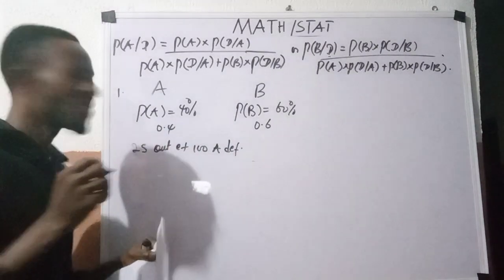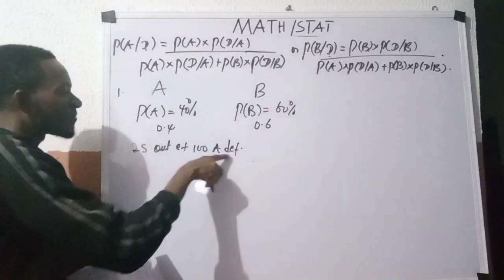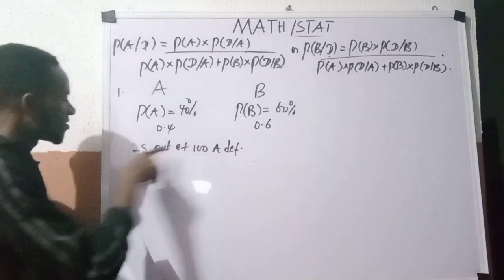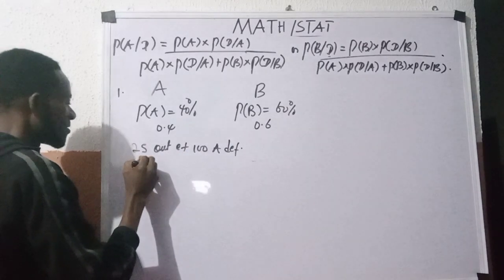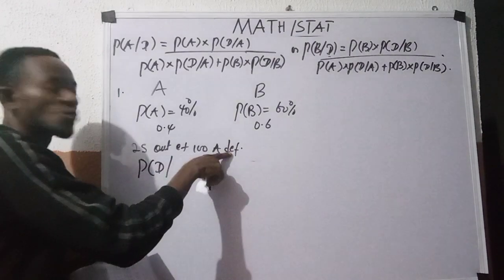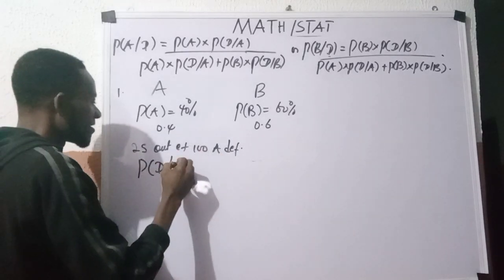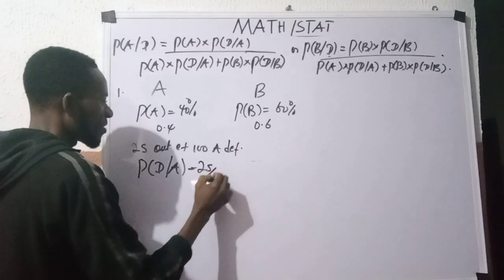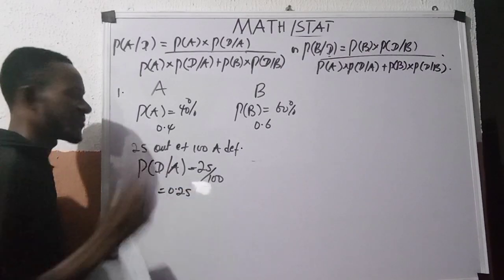How to express this means that the probability of defective items coming from factory A is 25 over 100. I am going to write the probability of D given A, where I am using D to stand for defective. So the probability of D given factory A is 25 over 100, and of course 25 over 100 can be written as 0.25.